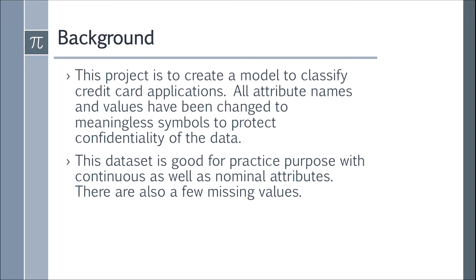We can see from the screenshot below that the data provided contains 6 numerical attributes and 8 categorical attributes. All attribute names and values have been changed to meaningless symbols to protect the confidentiality of the data. This data set is good for practice purposes with continuous as well as nominal attributes. There are also a few missing values.